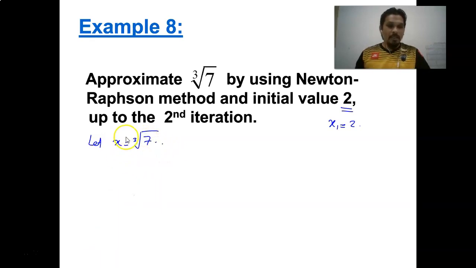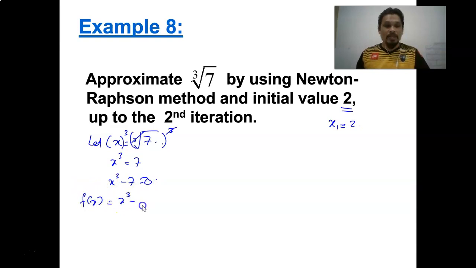So x cubed equals 7, then x cubed minus 7 equals 0. So this is our f(x), which is x cubed minus 7. Then f prime x equals the derivative of x cubed, 3x squared.